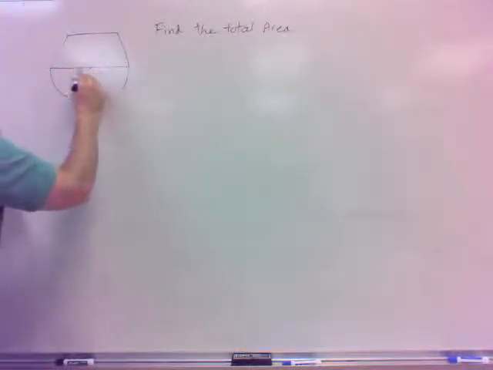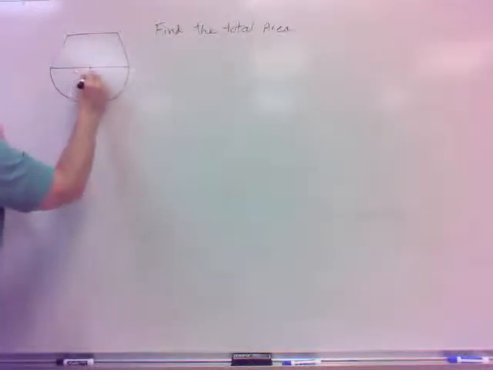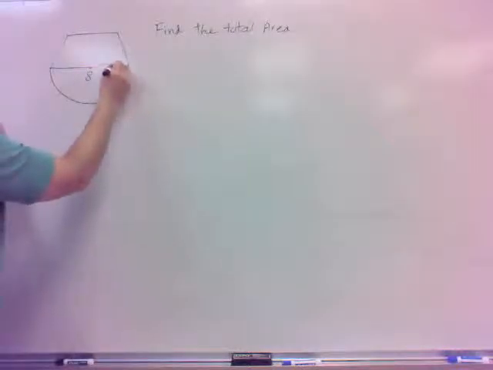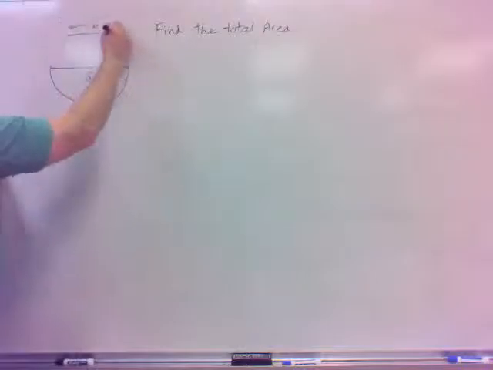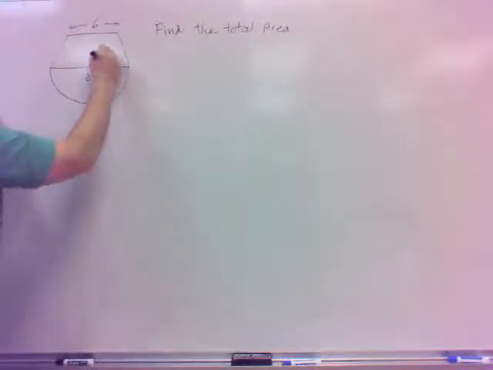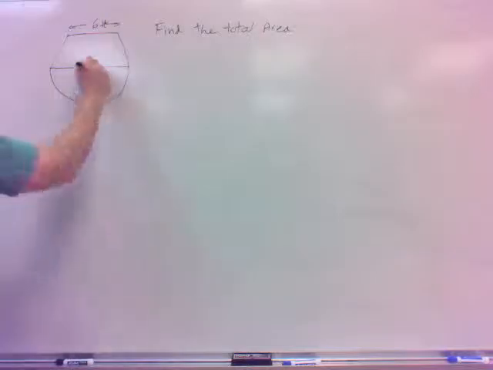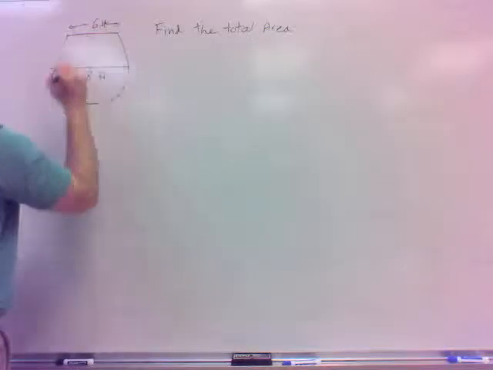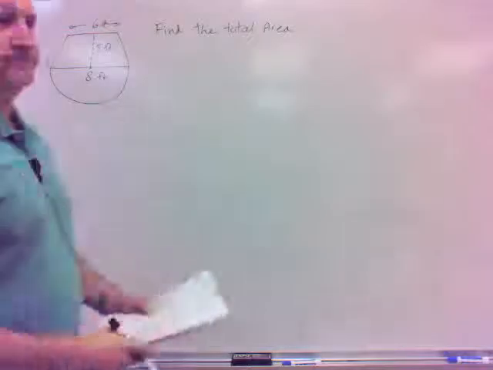Okay, so yeah, all right, so let's say that's 8. This is 6 across up here, and let's say this is feet. And I need to know one more thing, and that is this, which looks like 5 by my drawing.